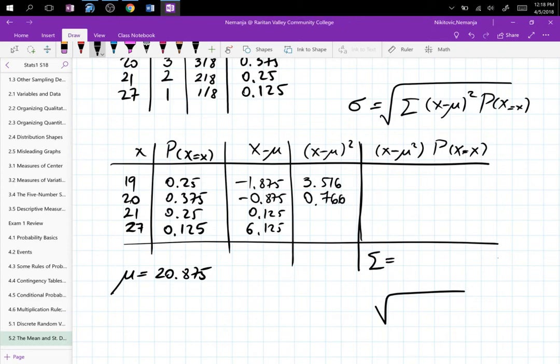Then 0.125 squared is 0.016. And 6.125 squared is 37.516. So this is when we square all of the x minus mu's.